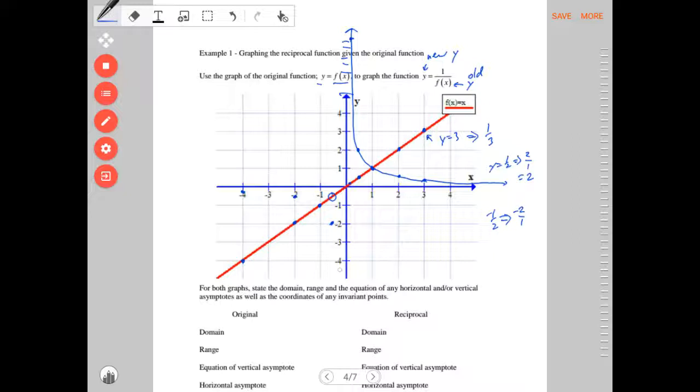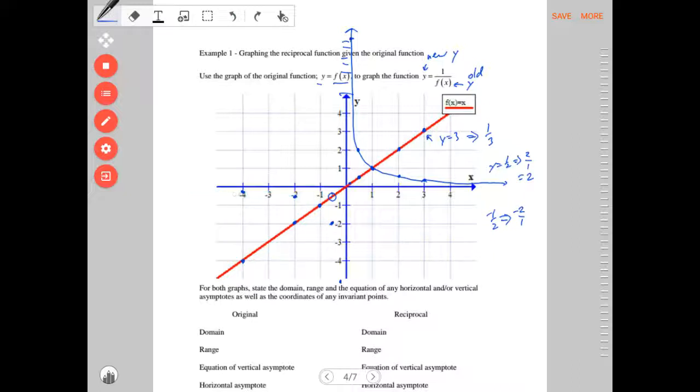The y value there, I don't know, negative 1/10, maybe negative 1/100th, whatever. The graph then just gets really, really big, but negative. So the graph just kind of rides those asymptotes. Wow, that was terrible.